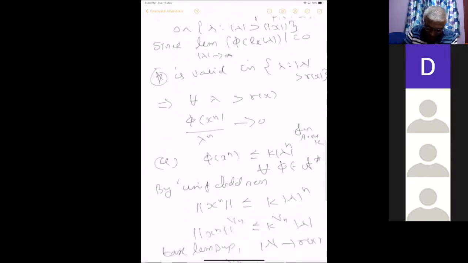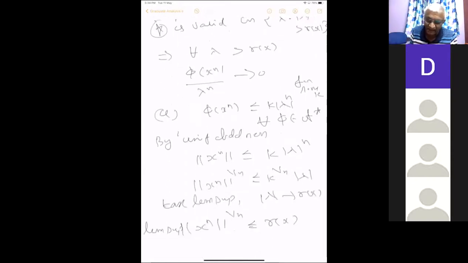We just use the analyticity to prove that there is a series, and then for all lambda that thing converges to 0, so it is bounded by the uniform boundedness principle. The norm of x^n is less than k times mod lambda^n. Then I take the lim sup on the left hand side, and this implies lim sup (norm x^n)^(1/n) is less than or equal to mod lambda for all lambda greater than Rx. So in particular, it is smaller than or equal to Rx, right? I hope it's okay.